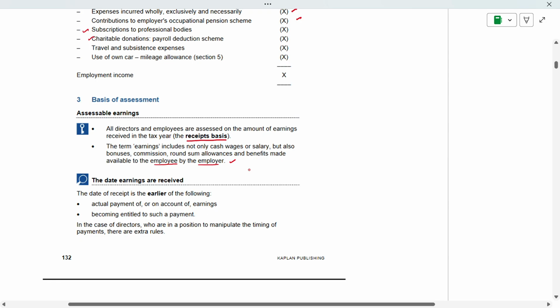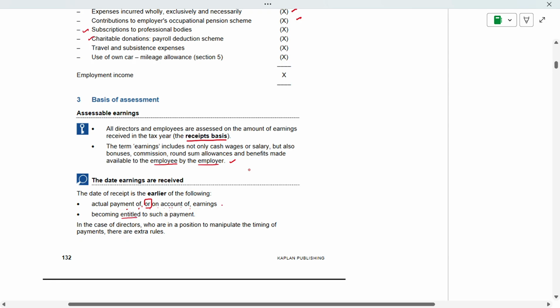The date of receipt is the earlier of the actual payment, or on account of, or becoming entitled to such payments.